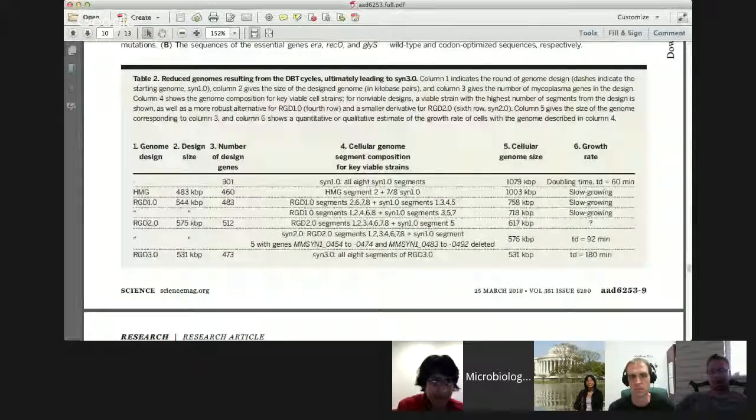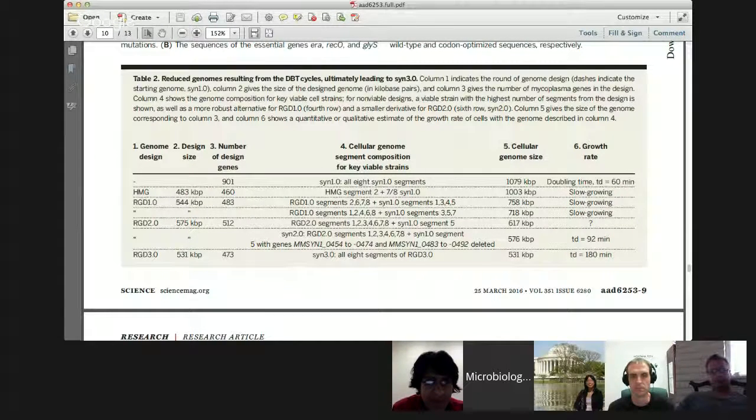What I do think might be useful is to look at, let's see, I'll put this up. There we go. This is a table at the end, which talks through the different stages that they did this in.